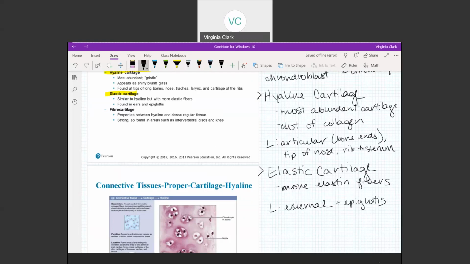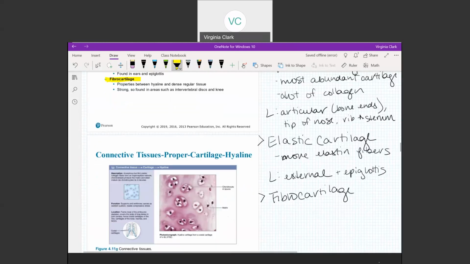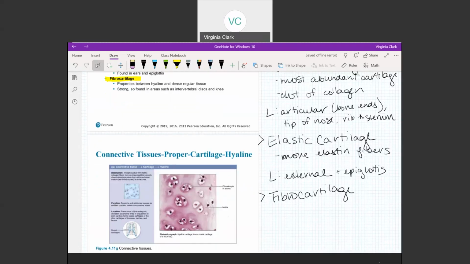So that's that kind. The last kind is going to be fibrocartilage. Fibrocartilage will kind of live in between hyaline and dense regular connective tissue. It's going to have a lot of chondrocytes and collagen fibers, so it has mixtures of both.